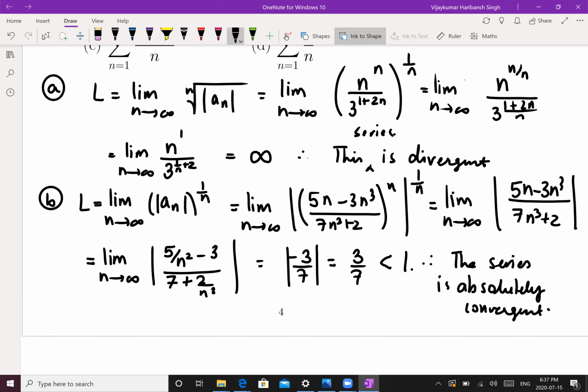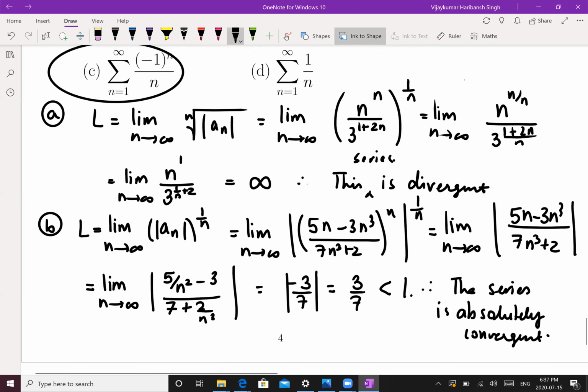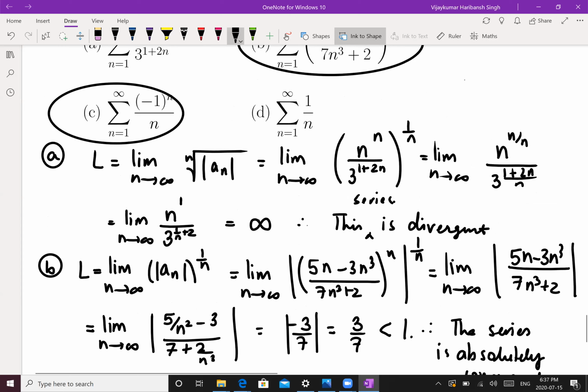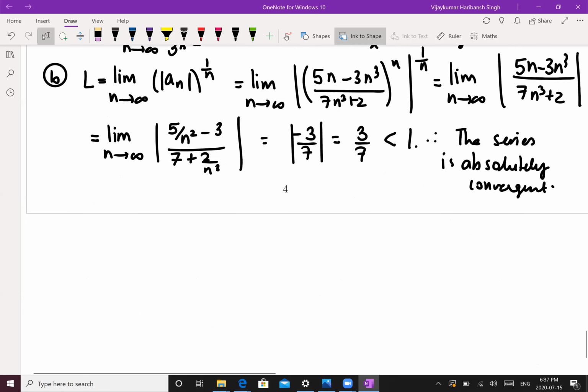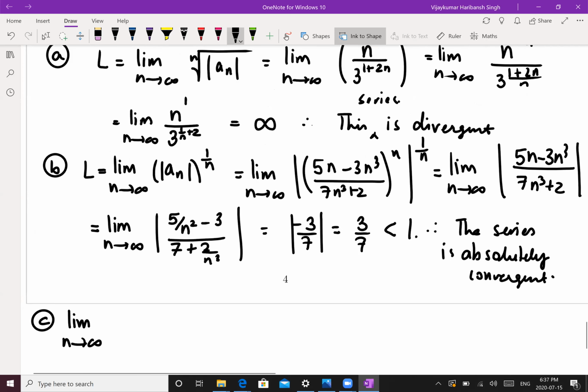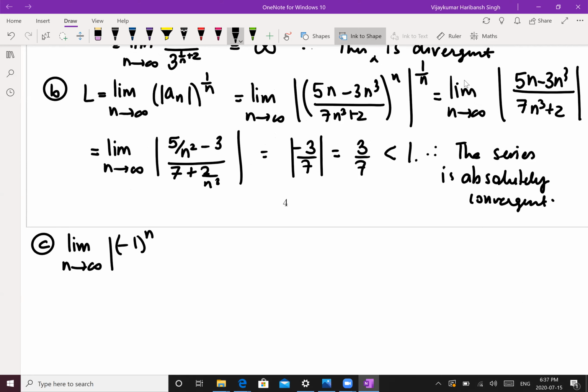So again, we want to check these series to see what is happening. We already know that C is convergent because of the alternating series test. So let's see whether the root test can differentiate. The limit as n goes to infinity of the absolute value of an, the whole power 1 over n.